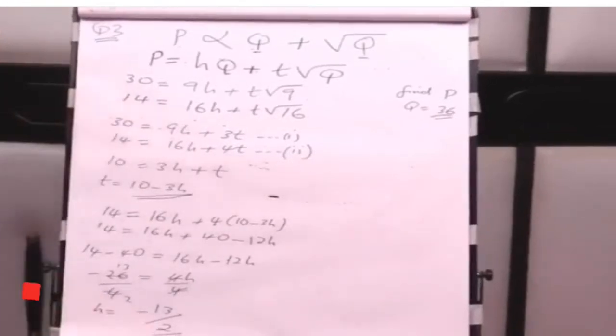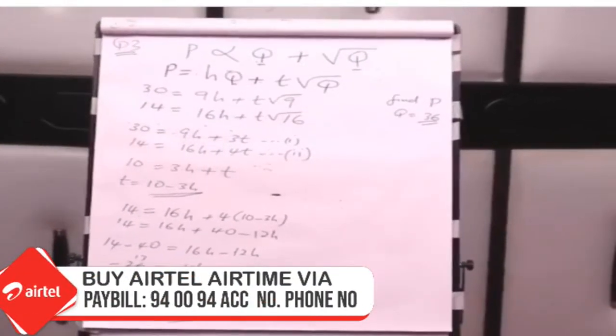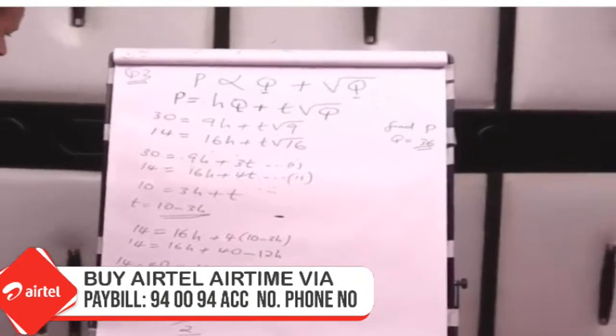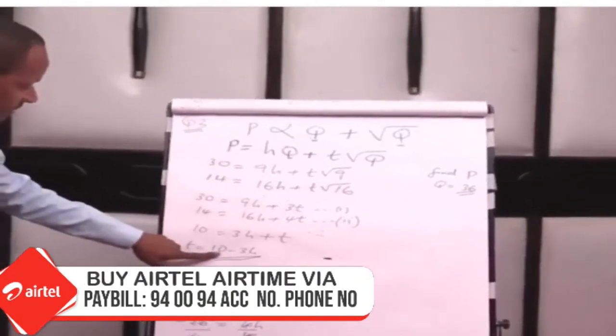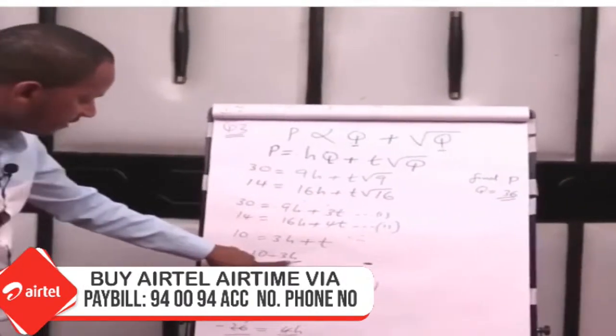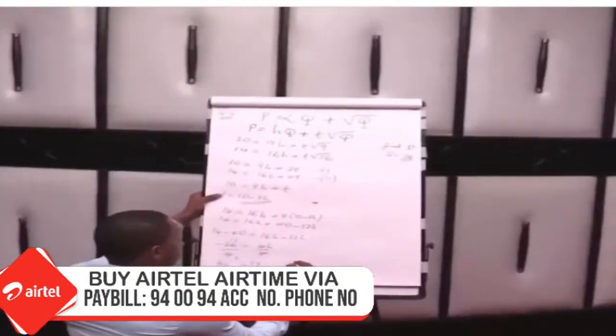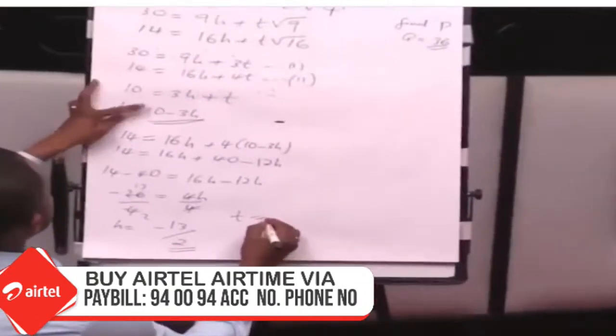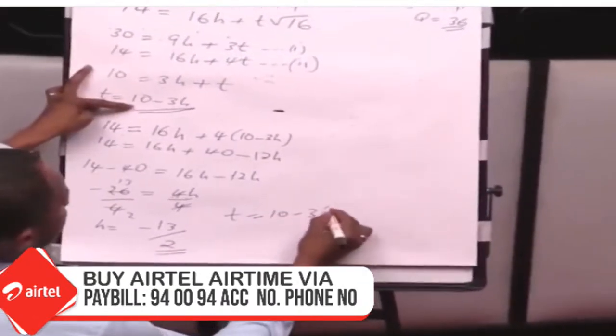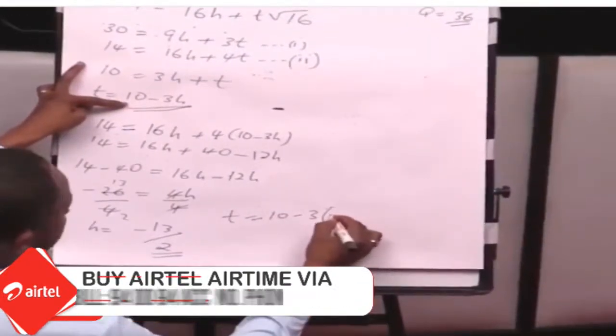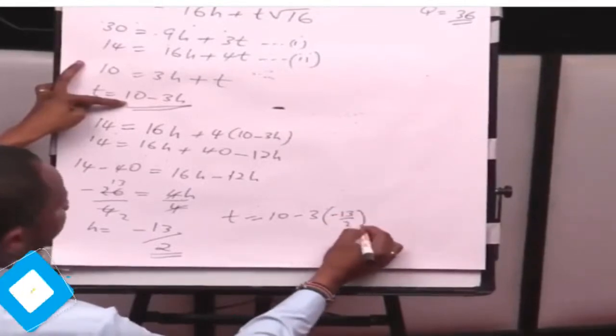Once we get the value of H, now we calculate the value of T. Just come and replace it here, substitute. Where there is H, you write this to get the value of T. Therefore, T will be 10 minus 3 times H. H is minus 13 over 2.